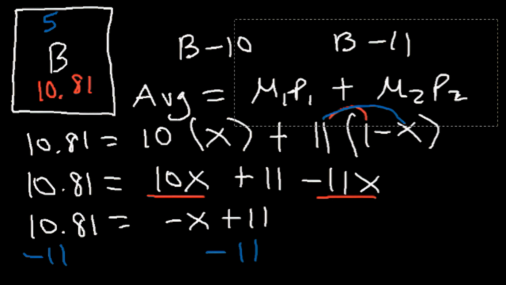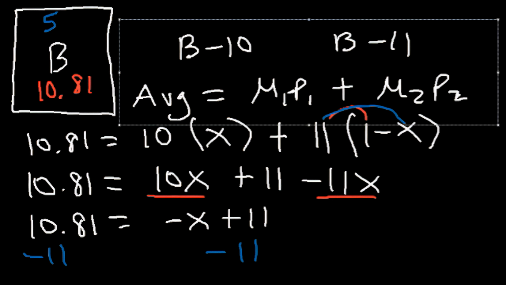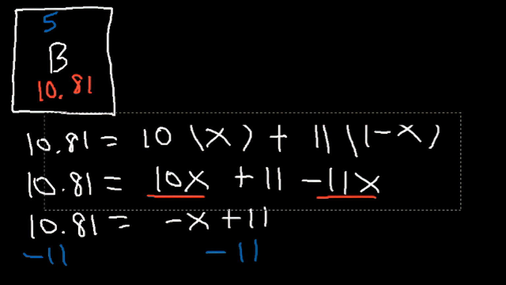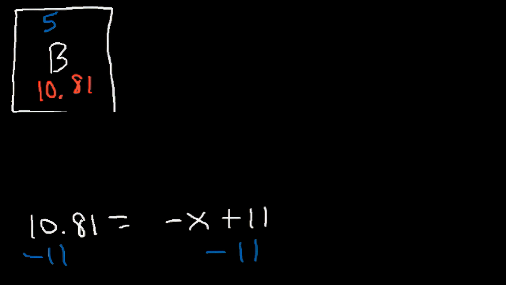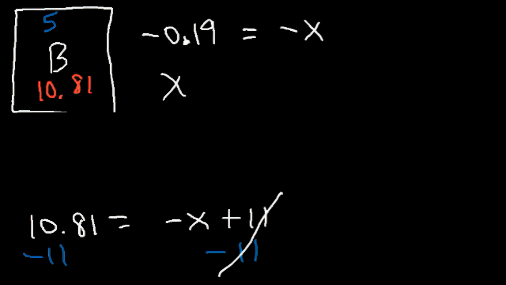Now let's make some space. 10.81 minus 11 is negative 0.19. Those two numbers cancel, so negative 0.19 is negative X. If you multiply both sides by negative 1, X is 0.19, which corresponds to 19%.